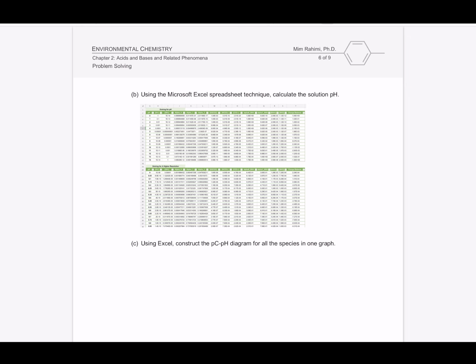So I brought the graph here. As I mentioned in the first part, we see that the pH is between 9 and 10. And here we increase the resolution at the bottom, and we see that it's between 9.15 and 9.20. So we assume pH is roughly 9.15.